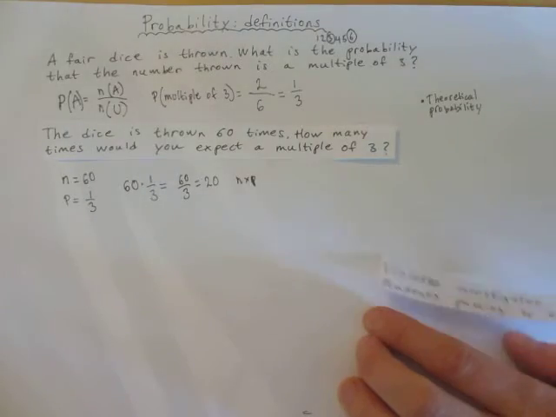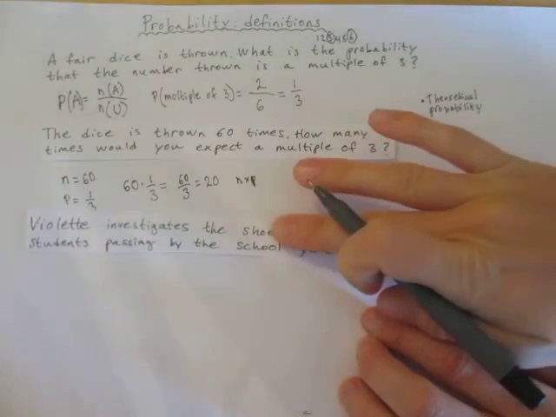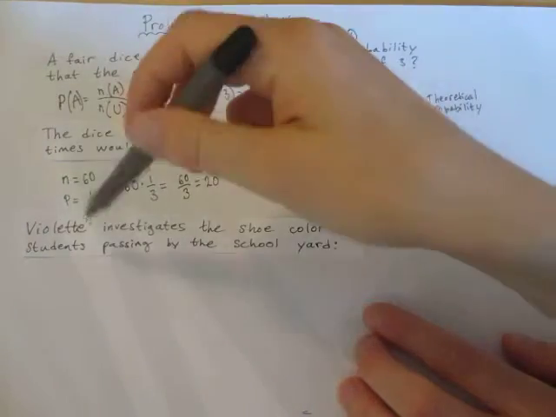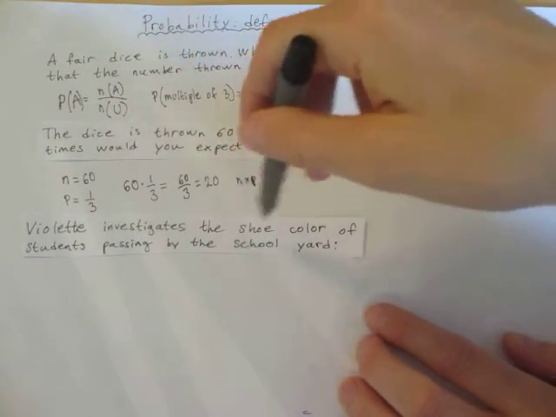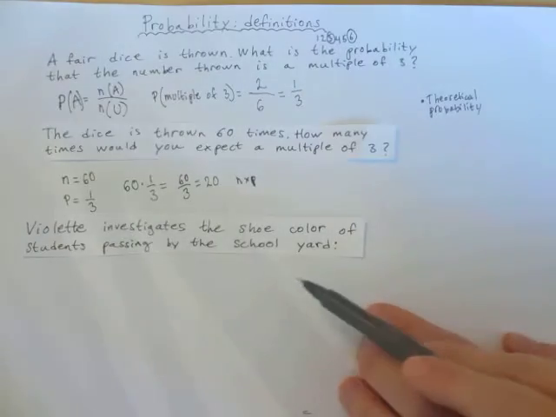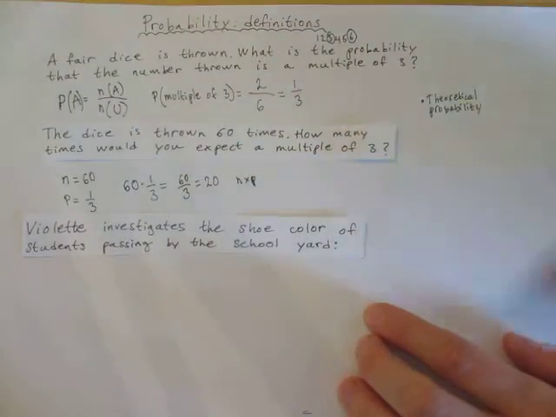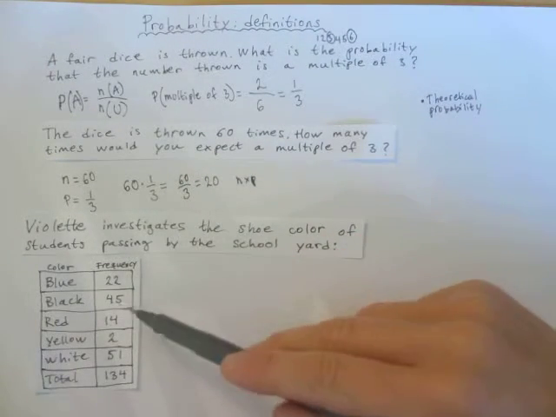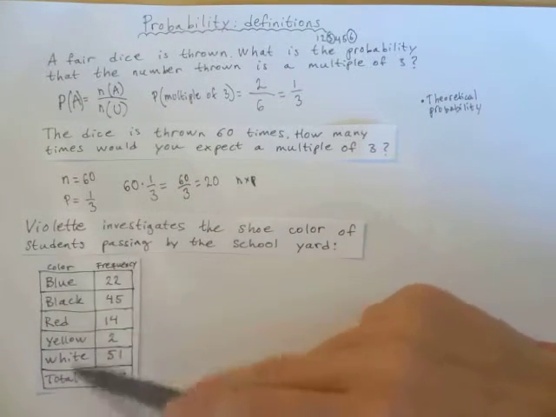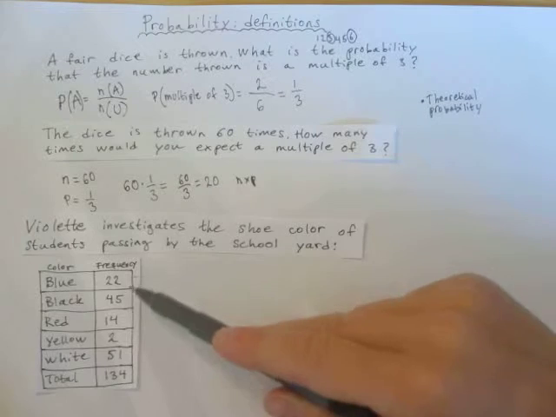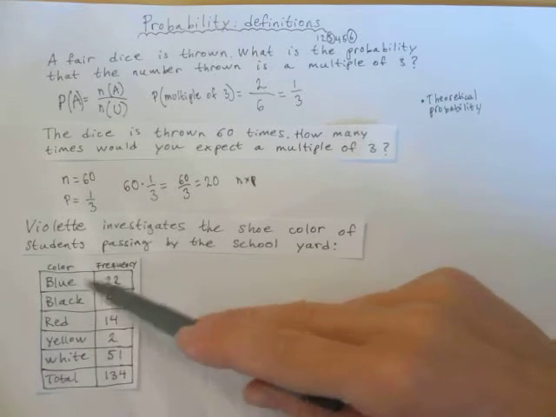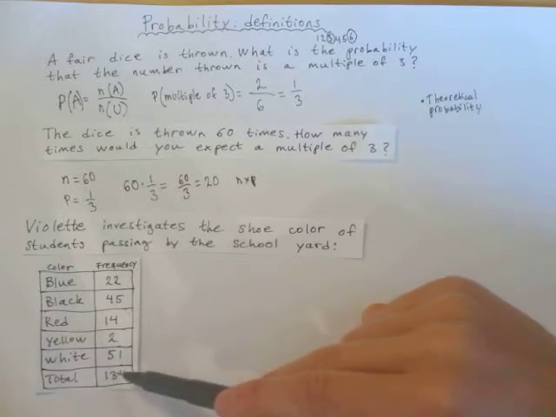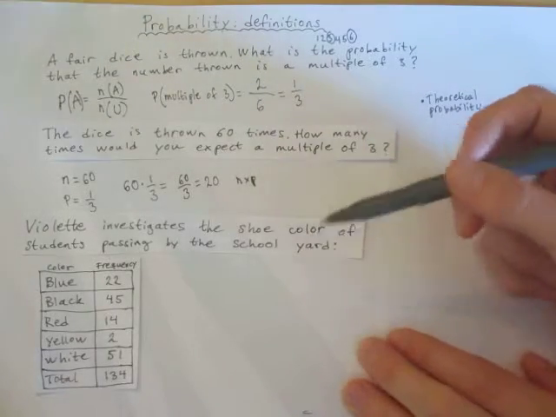However, often we need to do some kind of experiment if we want to investigate something. And here we have a student, Violet, who investigates the shoe color of students passing by the schoolyard. And the result is shown here. So we have the shoe color here and the frequency, that is how many students had each color. And in total she investigated 134 students.